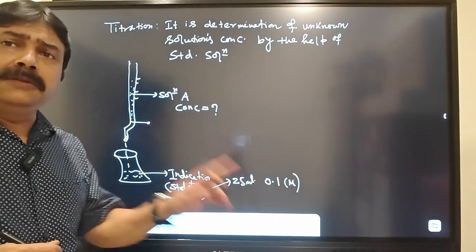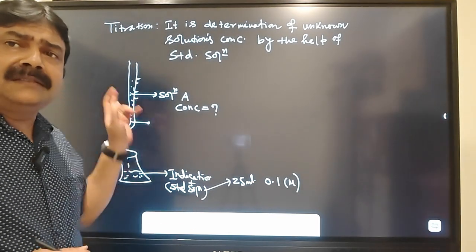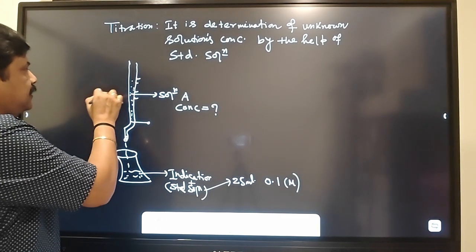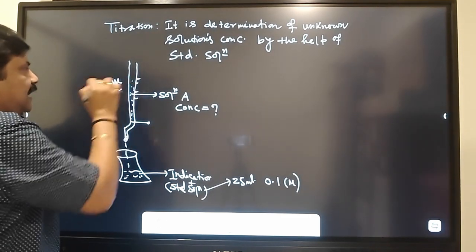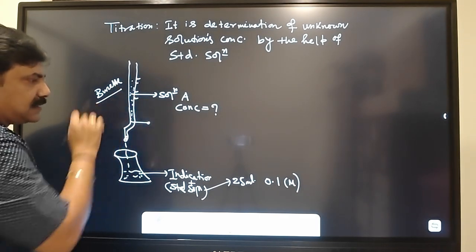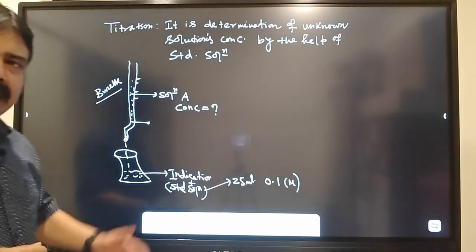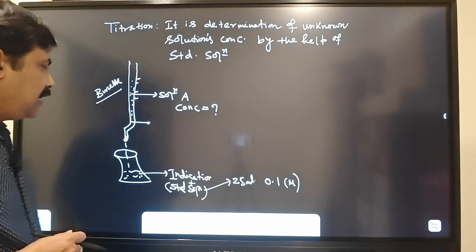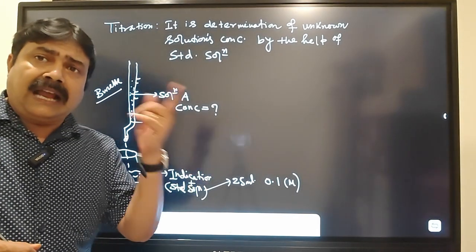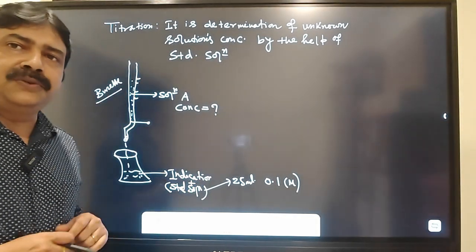It will indicate the end point of the reaction, that means whatever standard solution is there will be fully consumed by solution A. From this burette, drop by drop I will put solution A into the standard solution in the conical flask, and slowly the reaction will proceed. At the end point, the indicator will change its color and show that all the standard solution is consumed by solution A.